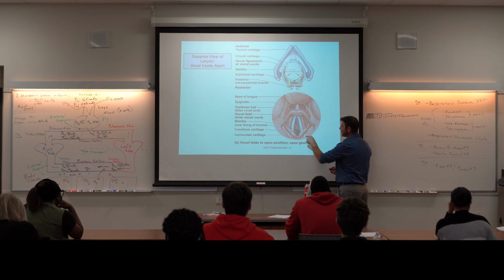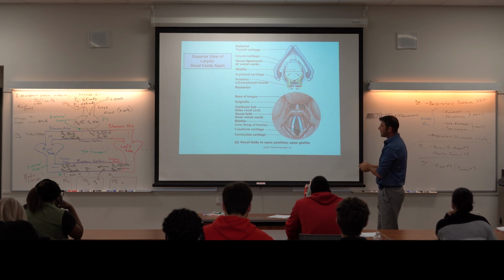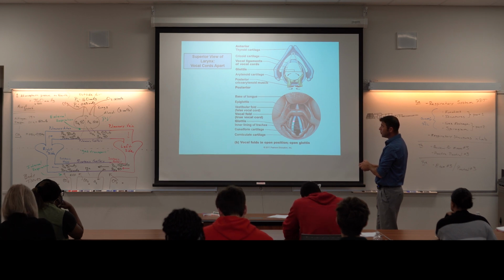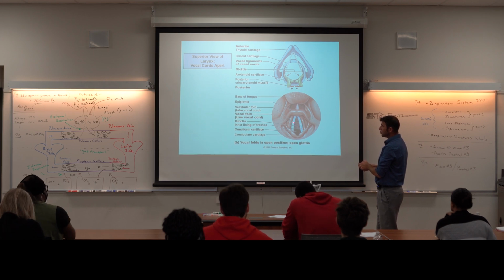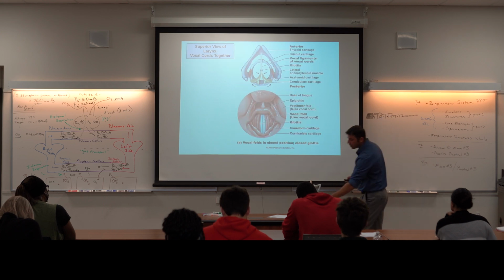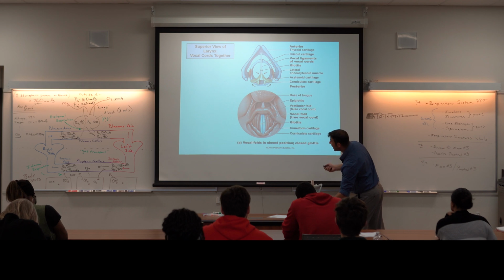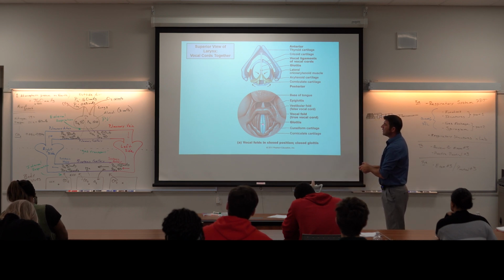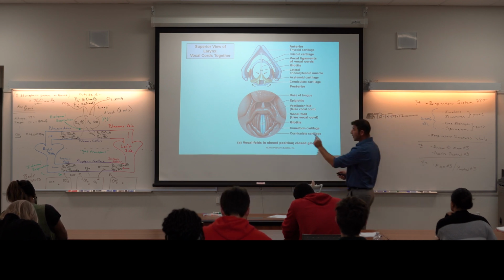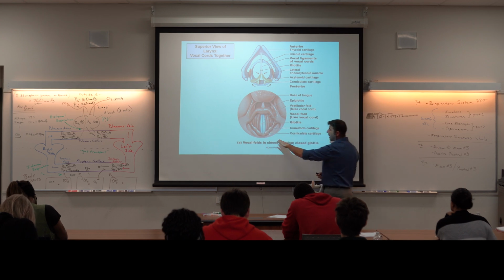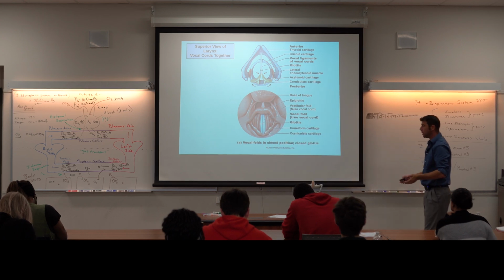But this glottis, this opening, is flanked on either side by these white structures that we're going to call true vocal cords. These true vocal cords on this model are drawn in red, but on this slide, they're showing the true vocal cords in white. Those directly touch the glottis. Those are the things that vibrate that you use to make sound and communicate with people.